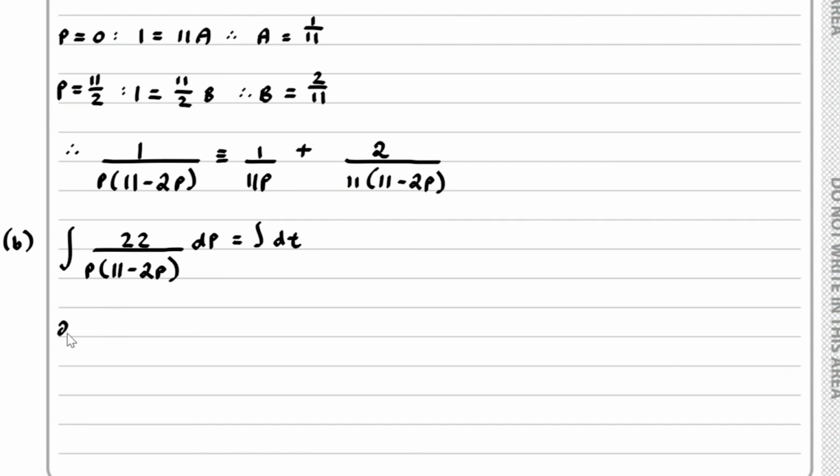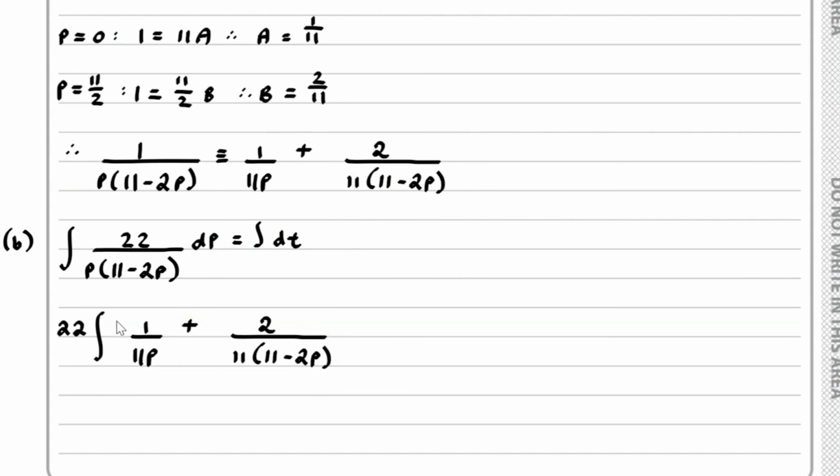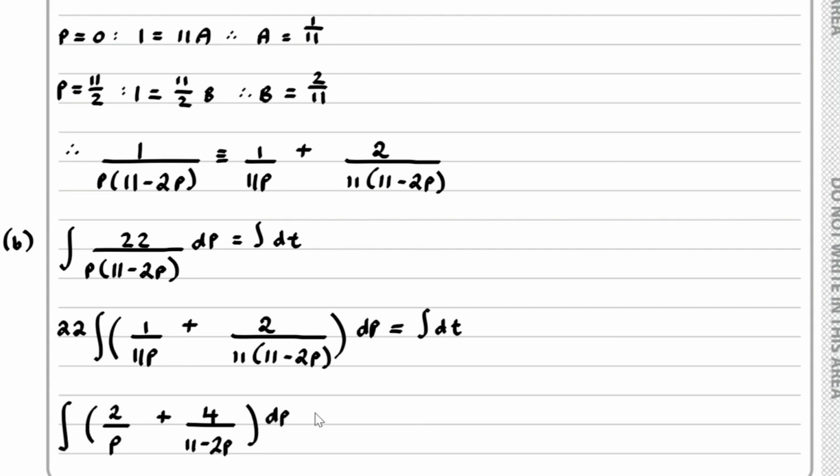And if I take out the 22 and replace the result here with this here, then I've got dp. This is equal to the integral of dt. And if I multiply the 22 inside the bracket, we've got the integral of 2 over p plus 4 over 11 minus 2p dp equaling the integral of dt.